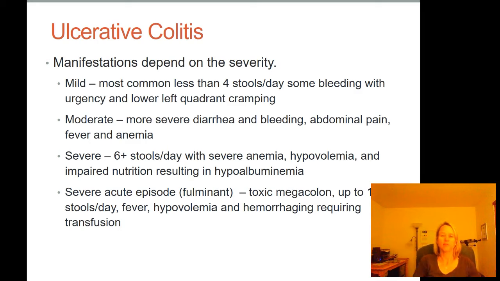Severe is characterized by 6 or more stools a day with severe anemia, hypovolemia, and impaired nutrition. And then we can also have a severe acute episode or fulminant ulcerative colitis, also called toxic megacolon. And here we have up to 12 stools a day with fever, severe hypovolemia, and hemorrhaging that can require transfusion.